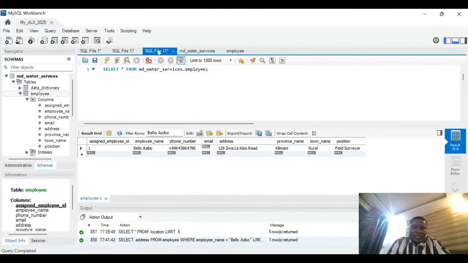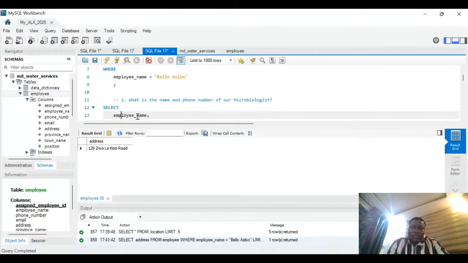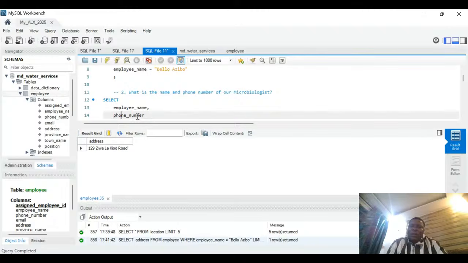So let's go to our question. We are looking for the name and phone number of our microbiologist. It means that we are going to query the same employee table. This time we select employee name and phone number.